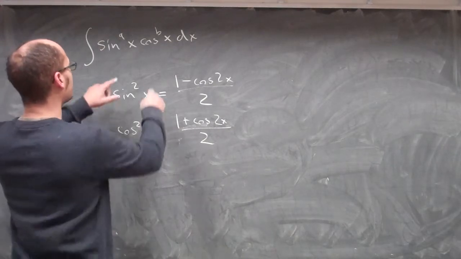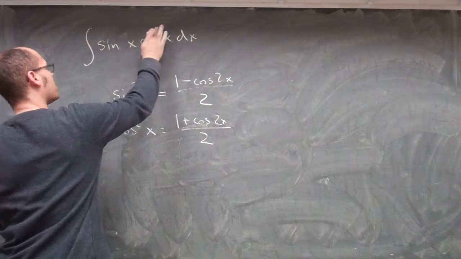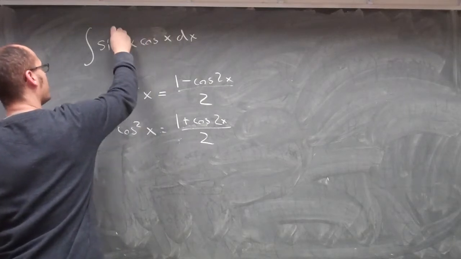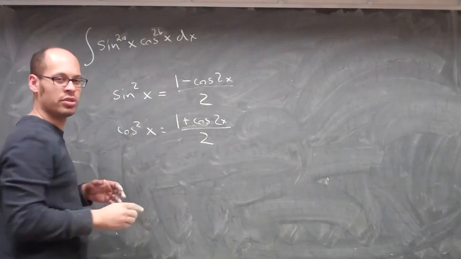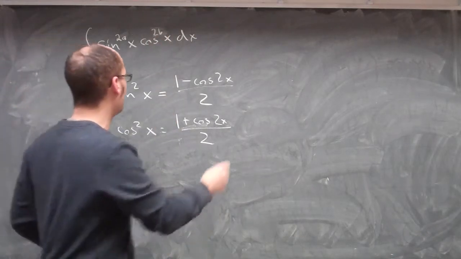So let's imagine that a and b are even. Let me visibly make the exponents even by supposing we have sine to the 2a and cosine to the 2b. I'm just doing it symbolically, but we'll do examples after.